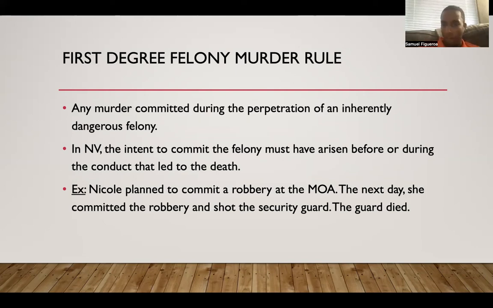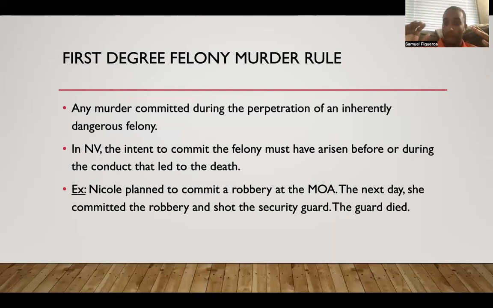Nicole planned to commit a robbery at the Mall of America, the MOA. So she thought about this crime before it actually happened because she planned it. The next day, Nicole committed the robbery. She had the intent before to commit the robbery, then the next day she actually committed the crime.